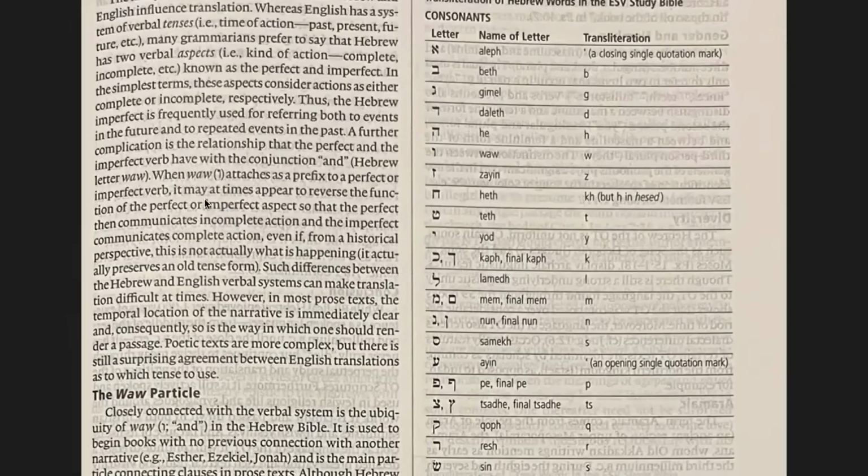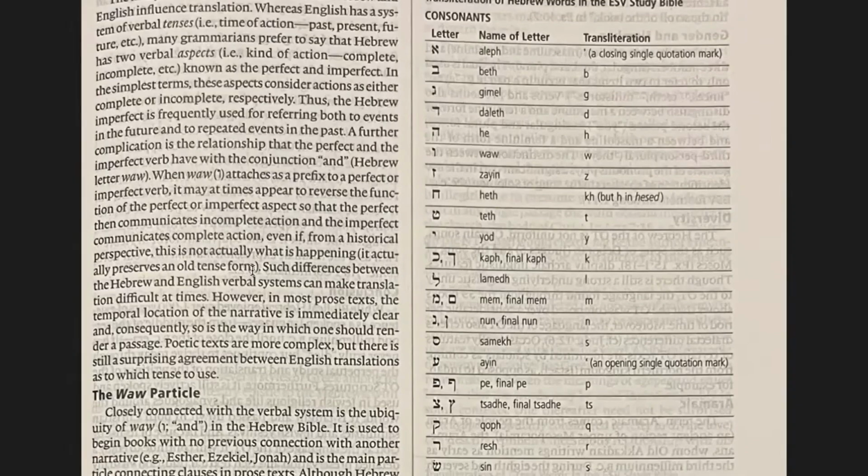So let me read that again so that I can understand it, and then if I need to comment, I'll comment. But that's what was going on in my head as I was reading this sentence. All right. So when waw attaches as a prefix to a perfect or imperfect verb, it may at times appear to reverse the function of the perfect or imperfect aspect, so that the perfect then communicates incomplete action and the imperfect communicates complete action, even if from a historical perspective this is not actually what is happening; it actually preserves an old tense form.